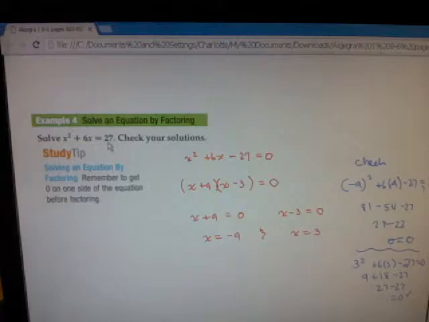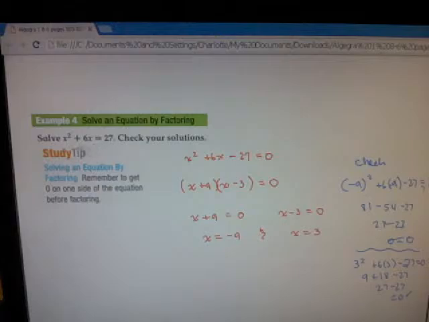So far in our problems, it has only asked us to factor each polynomial. But now our instructions are going to say solve each equation and check your solutions. So we're going to solve, and then we're going to check.